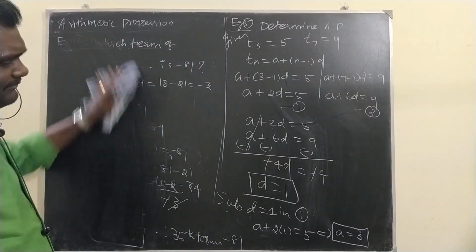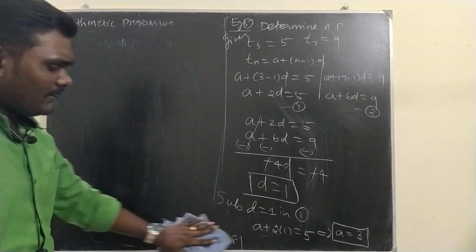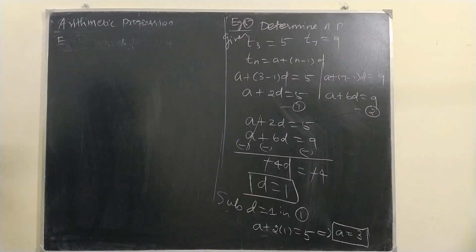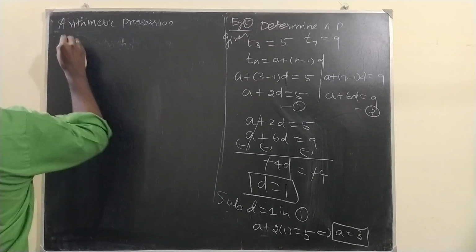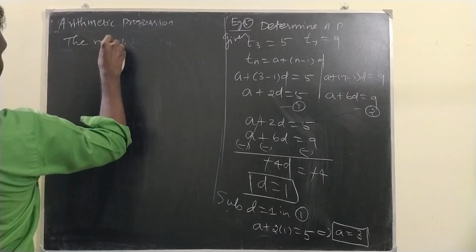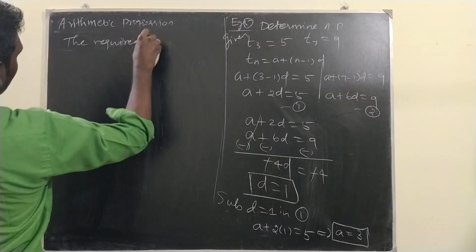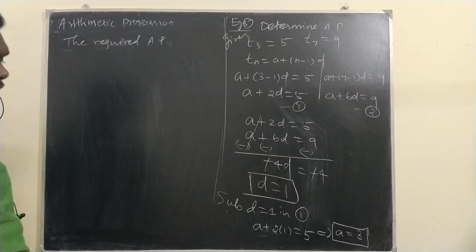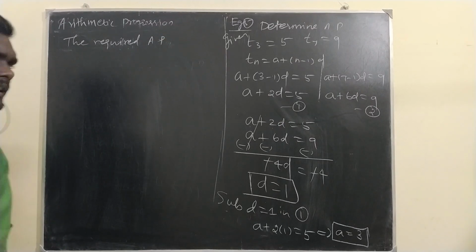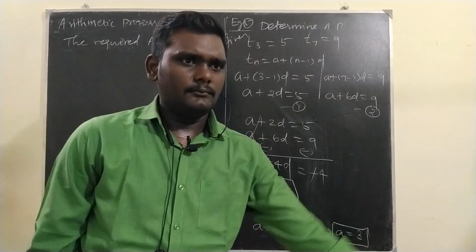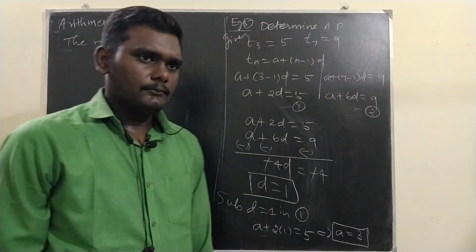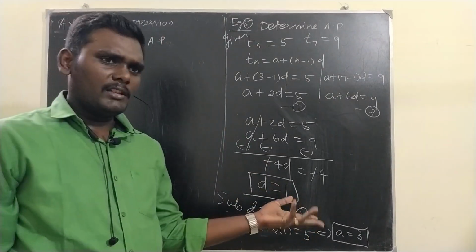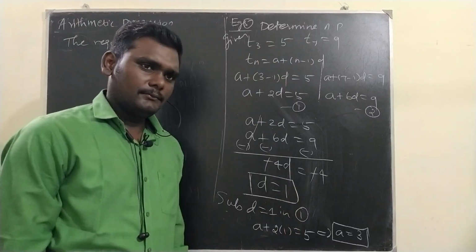Where is the AP? AP is not there. Is this our final answer? The required AP, n and l we don't want. A we found, D we found. That is enough to form the AP, right?